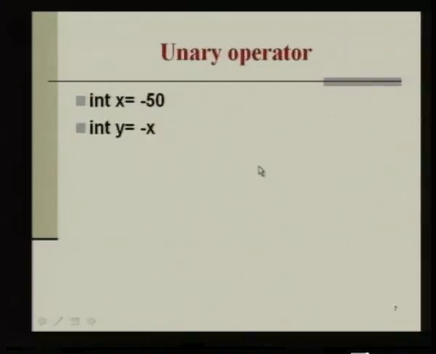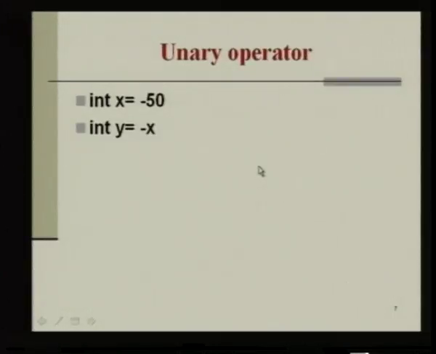This is an example of the minus unary operator. When we want to assign a sign to a data value, we use this minus operator. Here is an example: int x, which represents that x is a variable of integer type, and it is a signed integer because we are assigning a minus value, -50, to it.